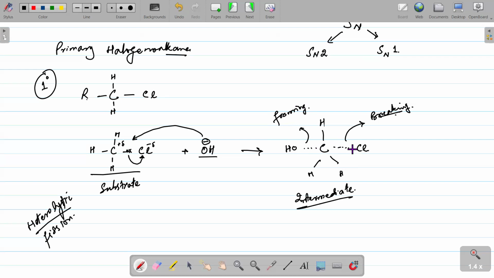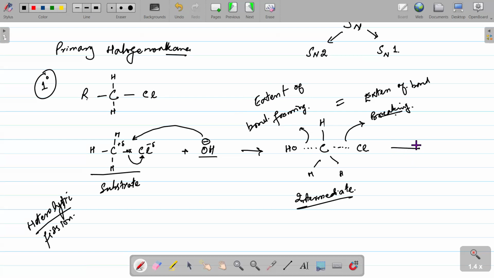In this case, the extent of bond breaking is equal to the extent of bond formation. If 50% of the previous bond is broken, that means 50% of the new bond has formed.